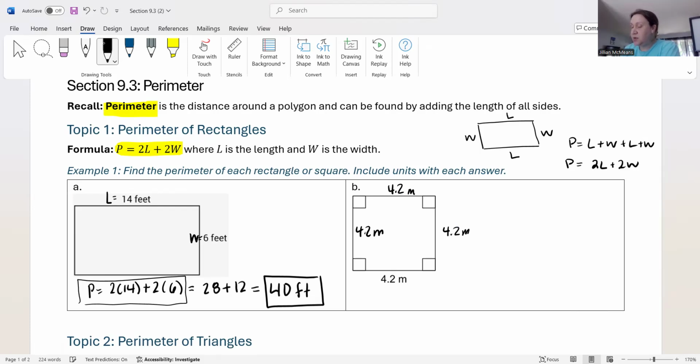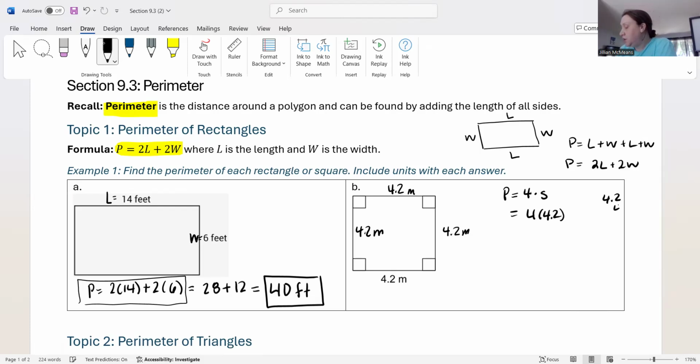And when you're dealing with a square, you could certainly use the regular formula for the perimeter of a rectangle, but with a square, it's a little bit different because all 4 sides are going to have the same length. So if you're dealing with the perimeter of very specifically a square, you could just do 4 times whatever the side length is. So here we could do 4 times 4.2. Well, I'm going to do the side work here. It never hurts to remind ourselves how to do some of these operations.